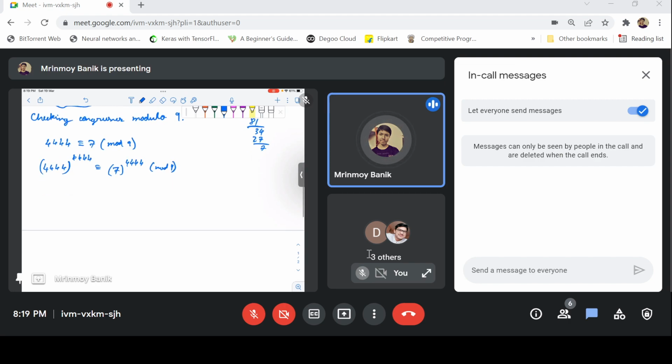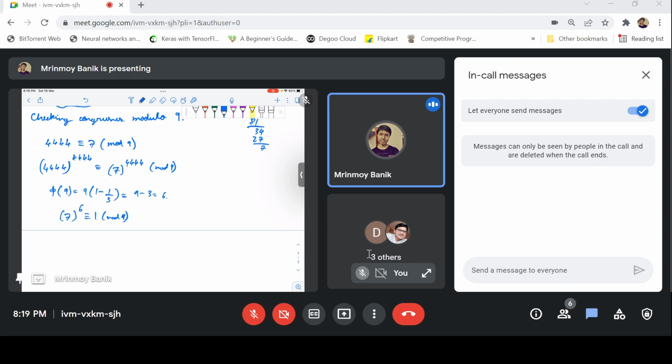Now we can use Euler's theorem to find the value of phi of 9, that is 9 times, there is only one prime factor, 9 minus 3. So it's 6. So 7 power 6 should be 1 mod 9.